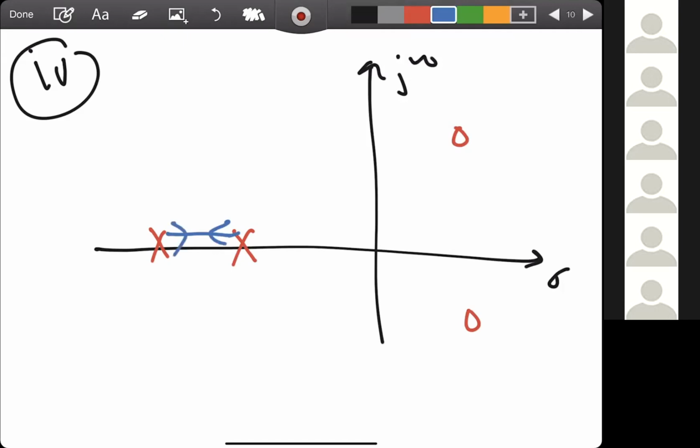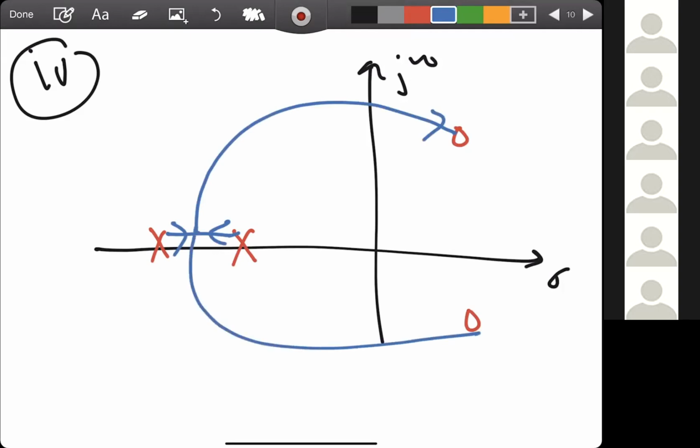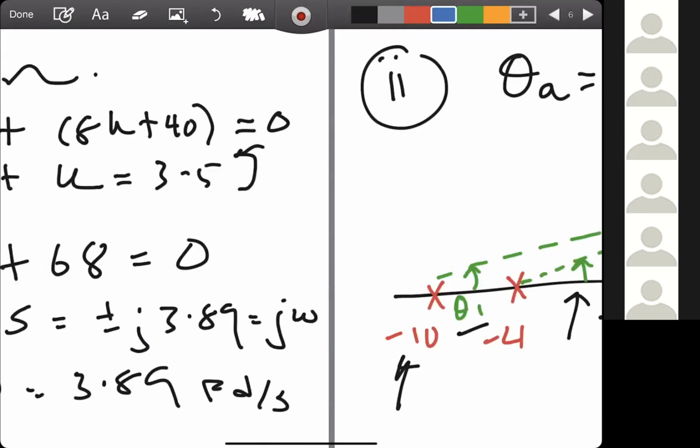Okay, then breakaway. So this is the minus 6.05 breakaway point. And this is the intersections.